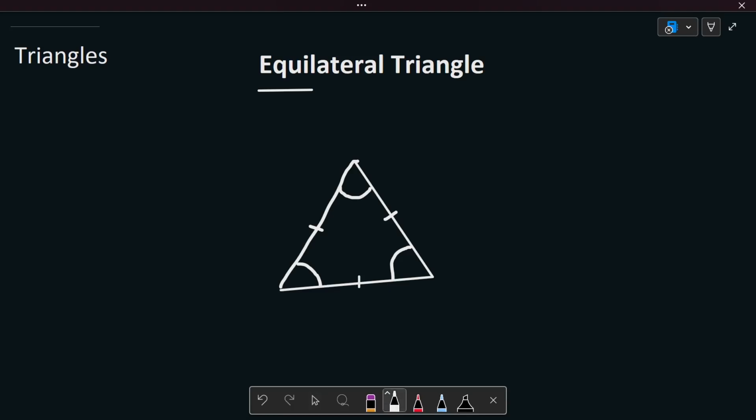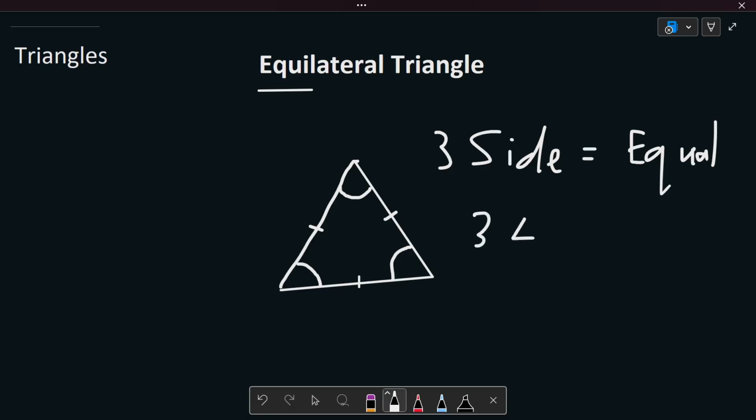So in summary, every single side of the triangle will be equal to each other, and every single angle of the equilateral triangle will also be equal. So I'm just going to write here, so you can take your screenshots if you want to. Sides are equal, and then let's say 3 sides equal, and then 3 angles are also going to be equal.